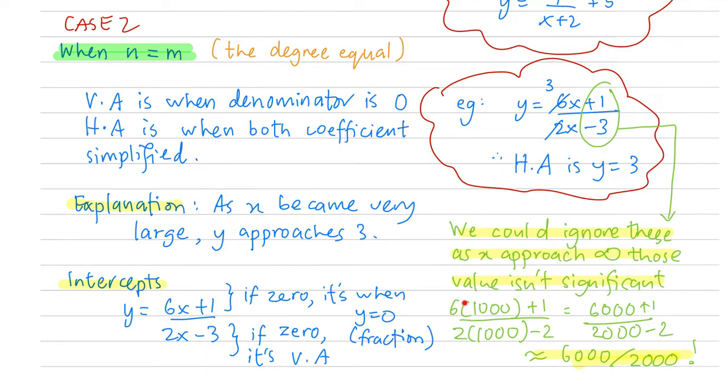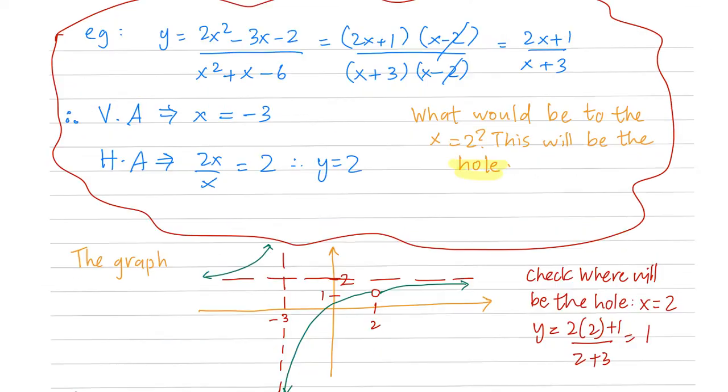For example, if we substitute x equals 1000, the numerator will be 6000 plus 1, and the denominator will be 2000 minus 3. So that is 6001 divided by 1997 or so. When we divide, we still get closer to 3. This is the concept of asymptote, when the value approaches infinity.